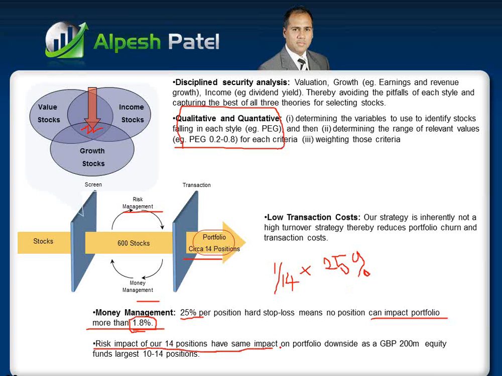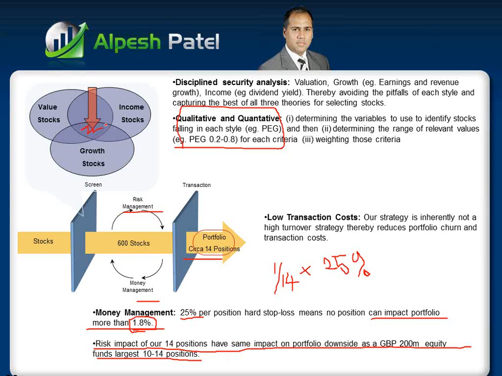The risk impact of our 14 positions is the same impact on your portfolio as a 200 million equity portfolio fund, because guess what an equity portfolio fund with 200 million pounds in it does? A fund manager from Fidelity or whatever, they will say their largest holding only has a risk impact of 1.8%. They're trying to replicate what we're doing, but they're doing it by taking all your 200 million in cash and still trying to do it. Well, no, they can't. It impedes them. We are using the advantage of having less money.